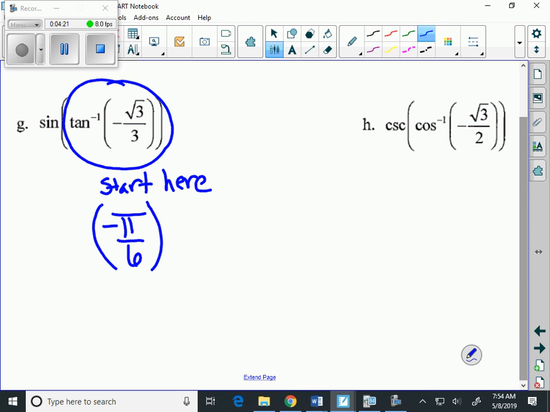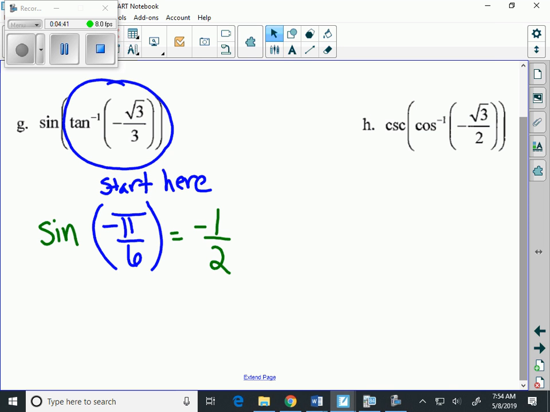Now that we've figured out that value, we're going to apply it to our sine function. So the question is, what does the sine of negative pi over 6 equal? It's not inverse sine. It's the sine of negative pi over 6, and that equals negative 1/2.